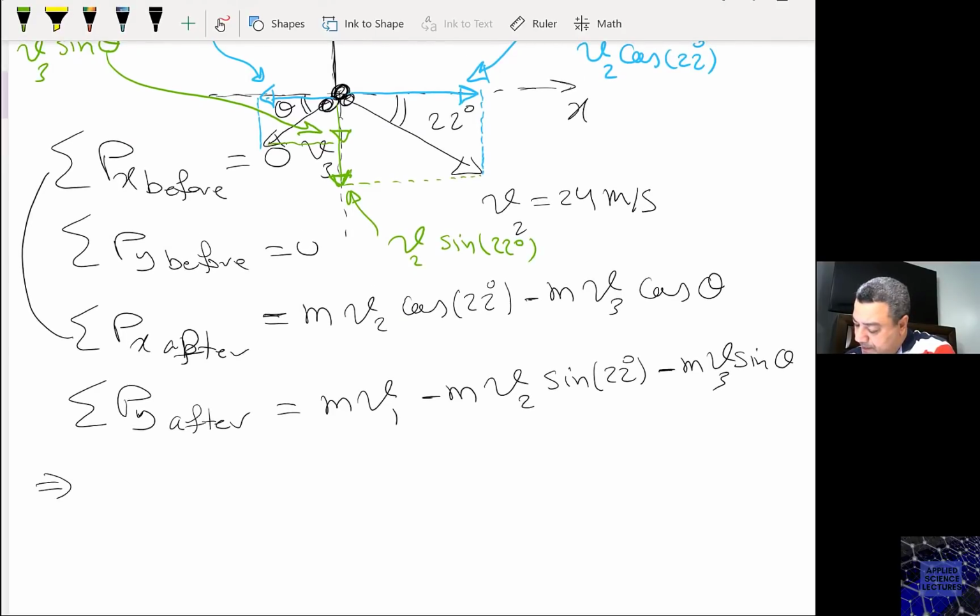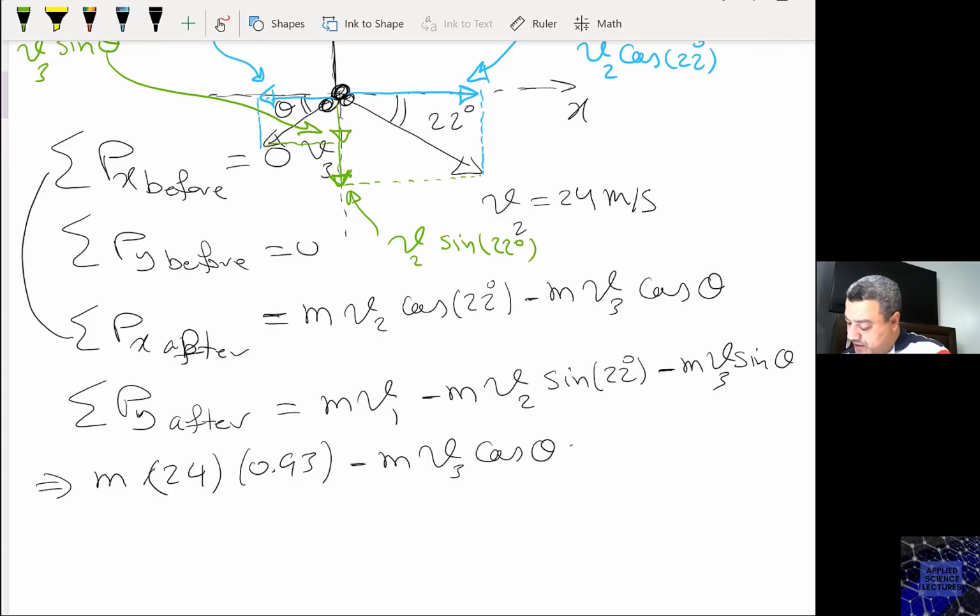Now, if I am to equate this and this, then what do I get? I get m v2, which is 24, cosine 22. So cosine 22 is 0.93, minus m v3 cosine theta equals 0.